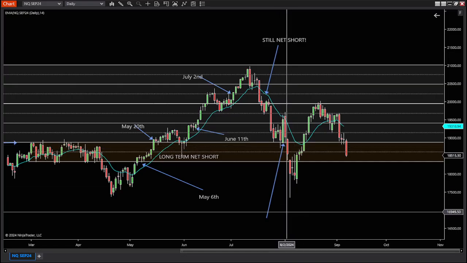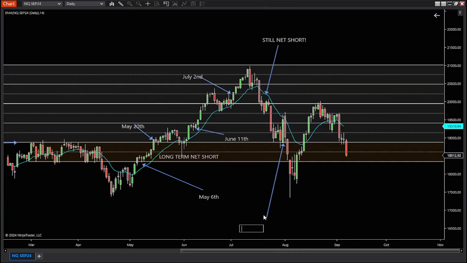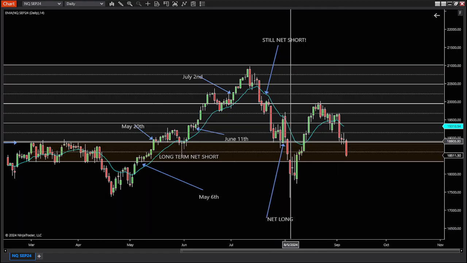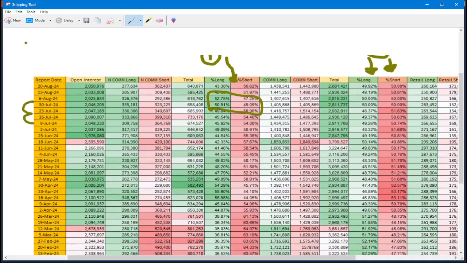July 30th. They became net long. Where did they become net long? At cost basis. See this? They became net long at cost basis.